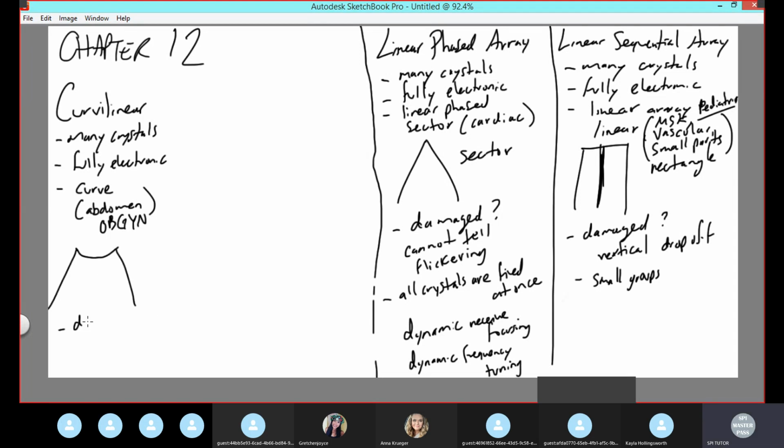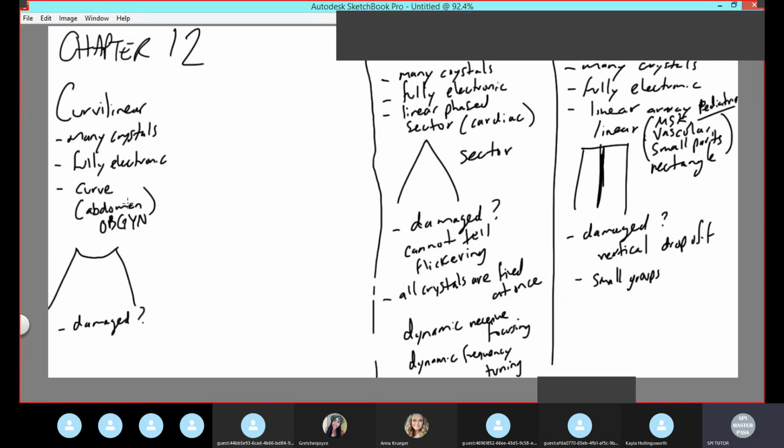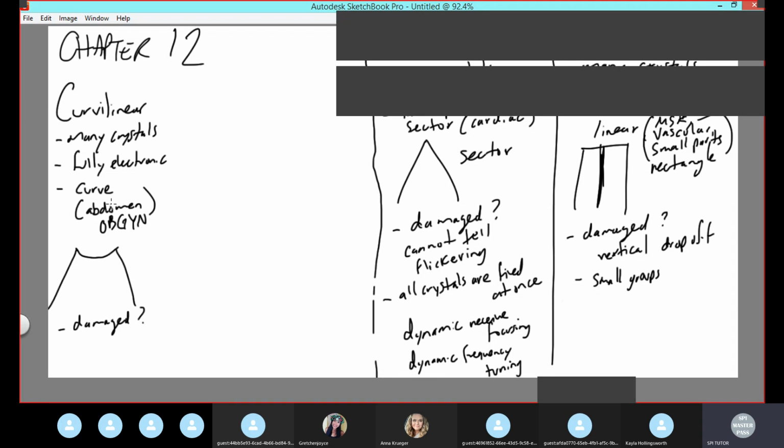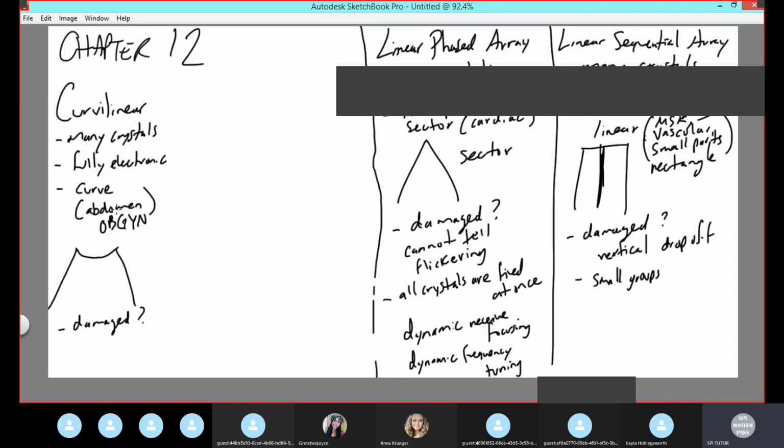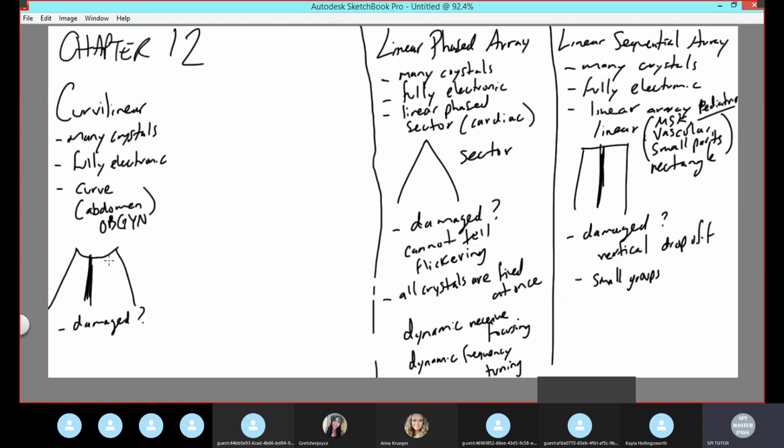If you have a damaged crystal, it's the same as the linear. You have a vertical drop off. Now this is really weird. It says that some, but not all, crystals are fired.